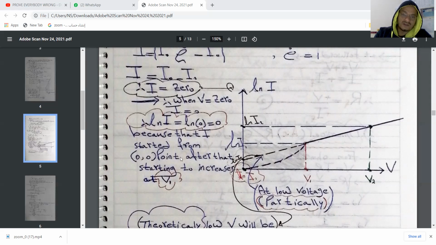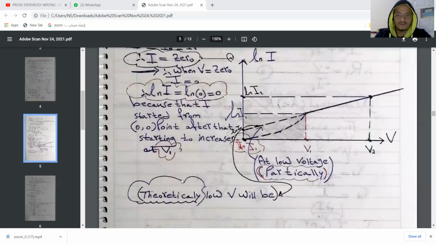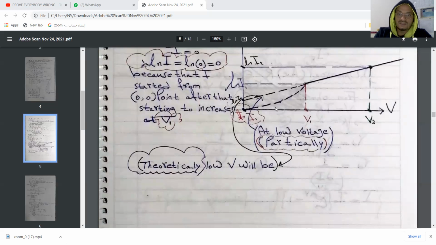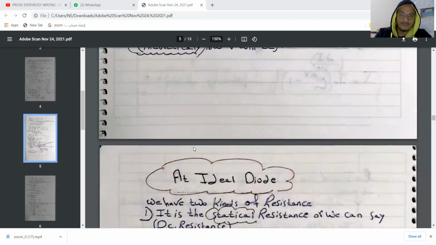After that, it starts to increase after V1. Here at low voltage, it starts partially from the 0 point, theoretically from this amount above 0.